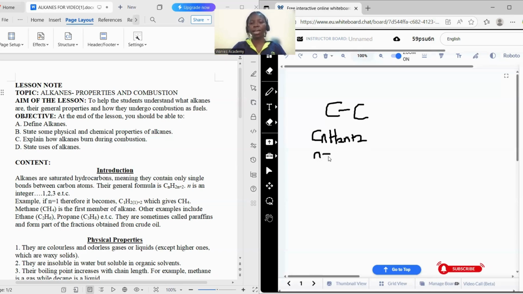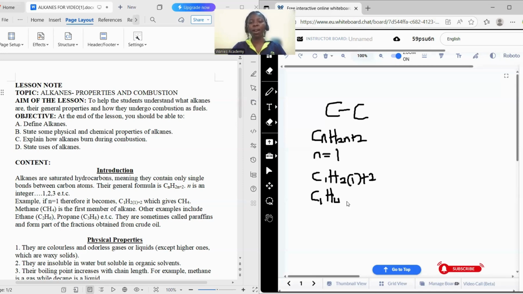So let's look at an example. If n equals 1, let's substitute 1 for n in this formula. We have C1H2(1)+2. This will give us C1H4.